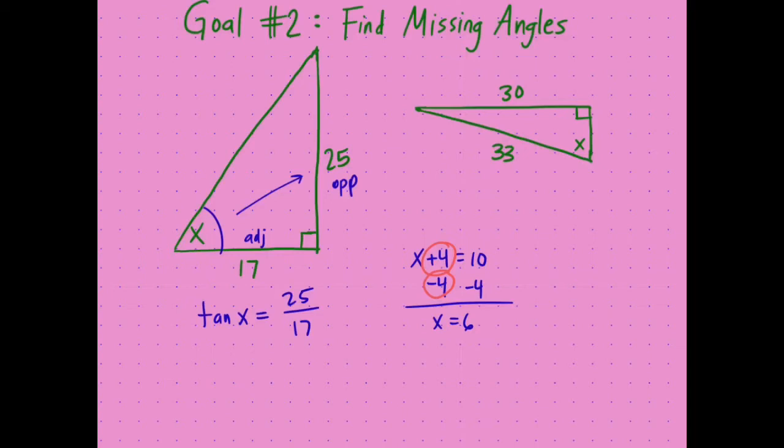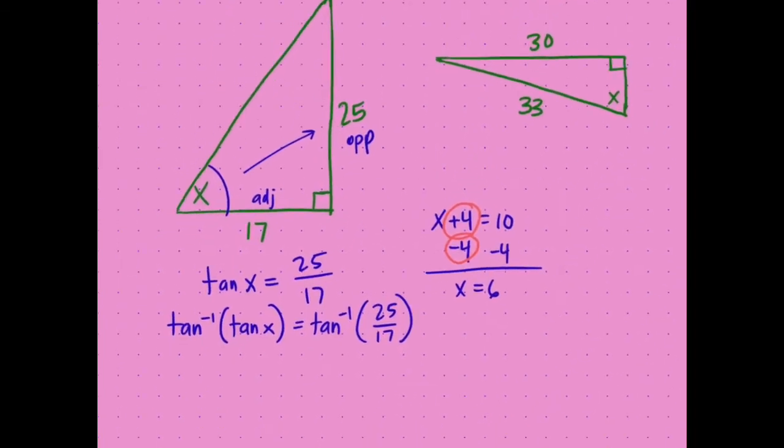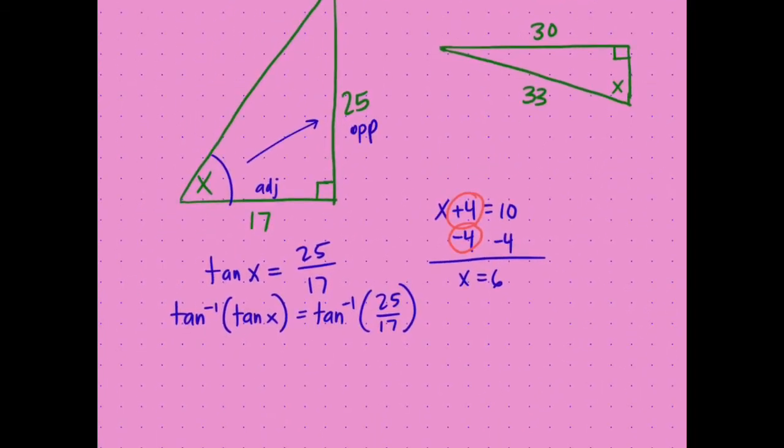Well, the inverse of tangent is just called tangent inverse. So technically what happens at this point is I'm going to tangent inverse both sides. Eventually you won't think about this process in this much detail, but that's what's happening to both sides.